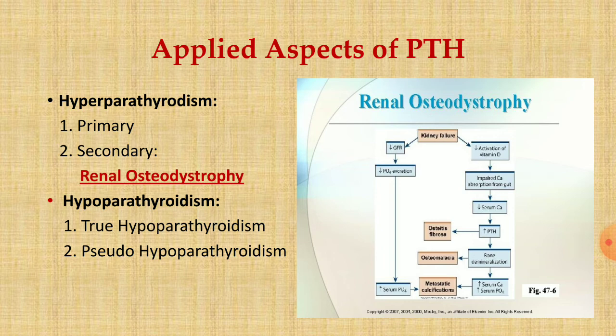In primary hyperparathyroidism, there occurs actual increase of parathyroid hormone secretion from the gland itself, either by neoplastic growth, that is solitary nodule adenoma of the gland, or any malignant changes of the parathyroid gland. So this is primary hyperparathyroidism.